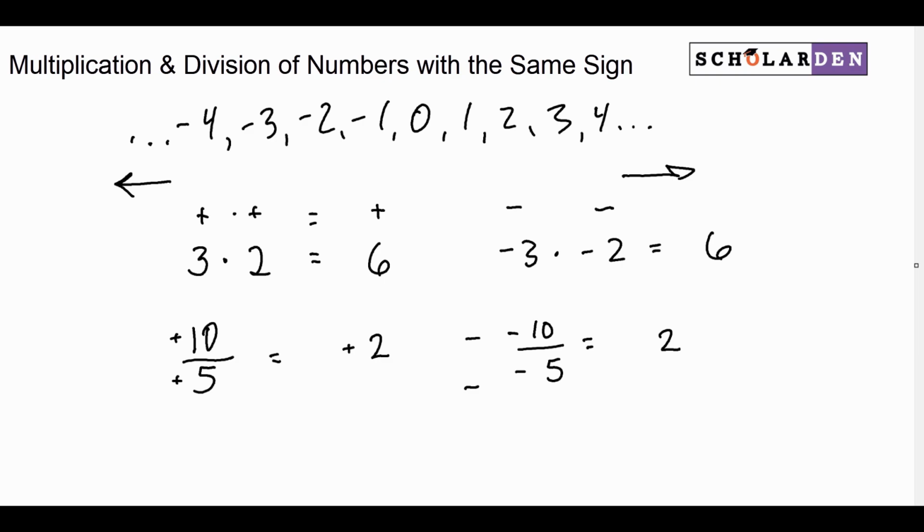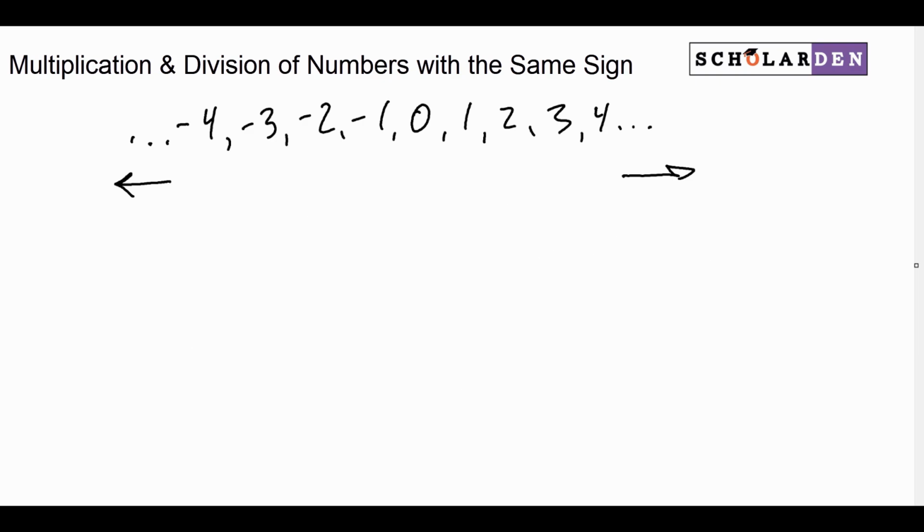So let me write that down. Same sign, you get a positive answer. So a positive, we'll do times with parentheses this time, a positive times a positive equals a positive.